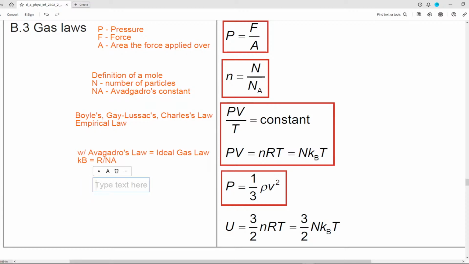So P is pressure. Rho here is density, as we've seen before, and v here is the root mean square speed. I changed from an equal sign to a subtraction, didn't even notice. Equals.